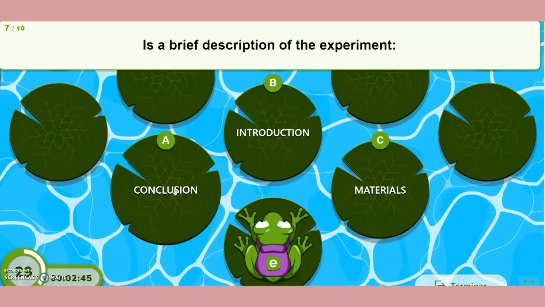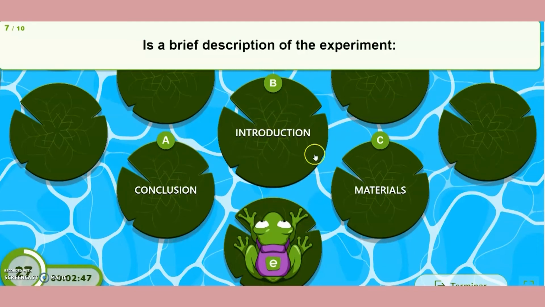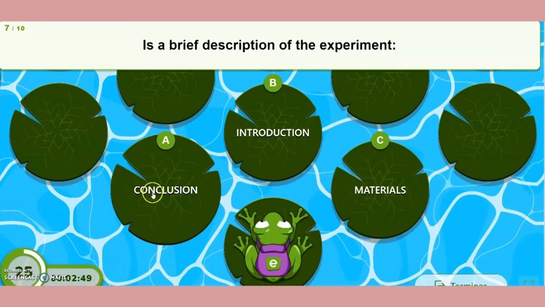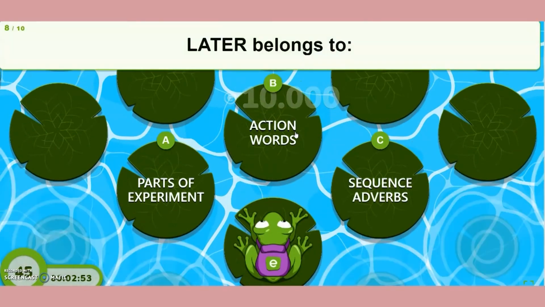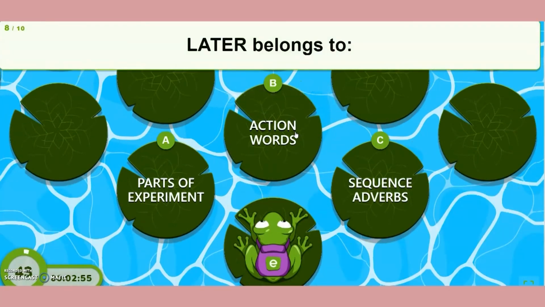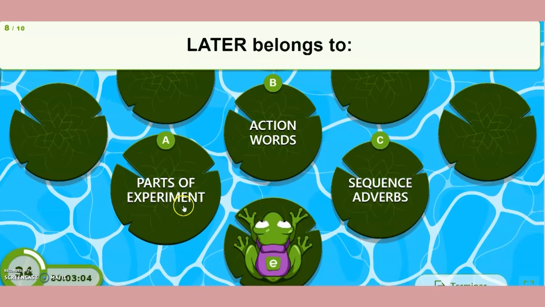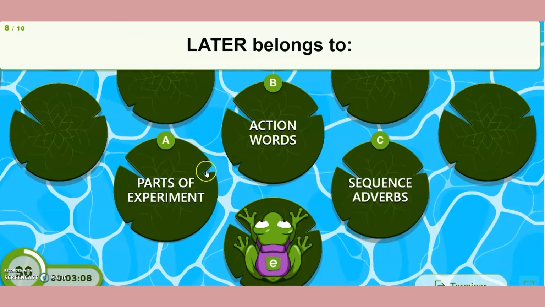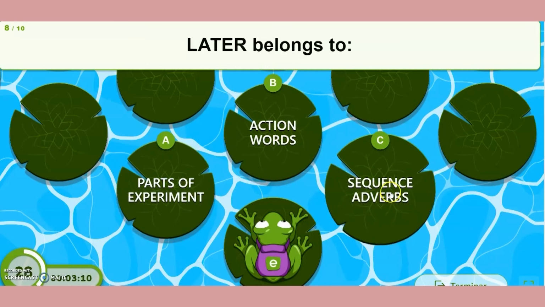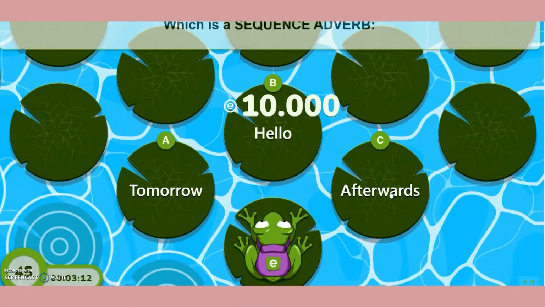Was it a conclusion, an introduction, or materials? Which one? Very good. Letter B. Well done, students. Number 8. The word later belongs to what? Parts of the experiment, action word, or a sequence adverb? Which one? Good. Letter C.